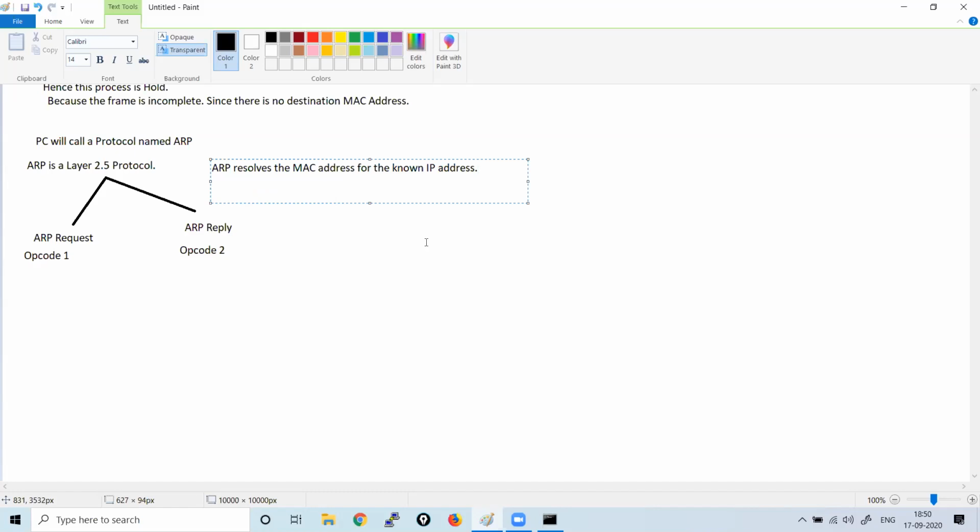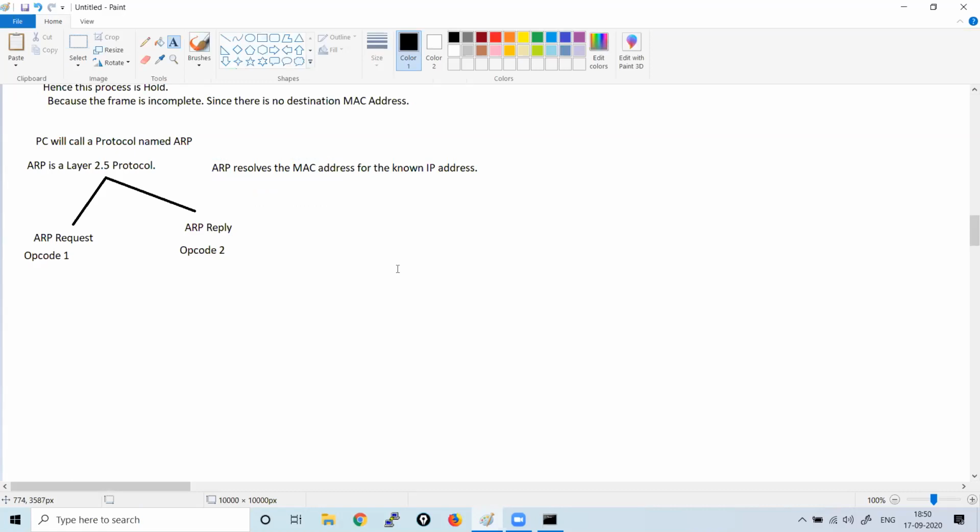To resolve the MAC address for the known IP address. What is our known IP address over here? 10.1.1.2. Correct. 10.1.1.2.